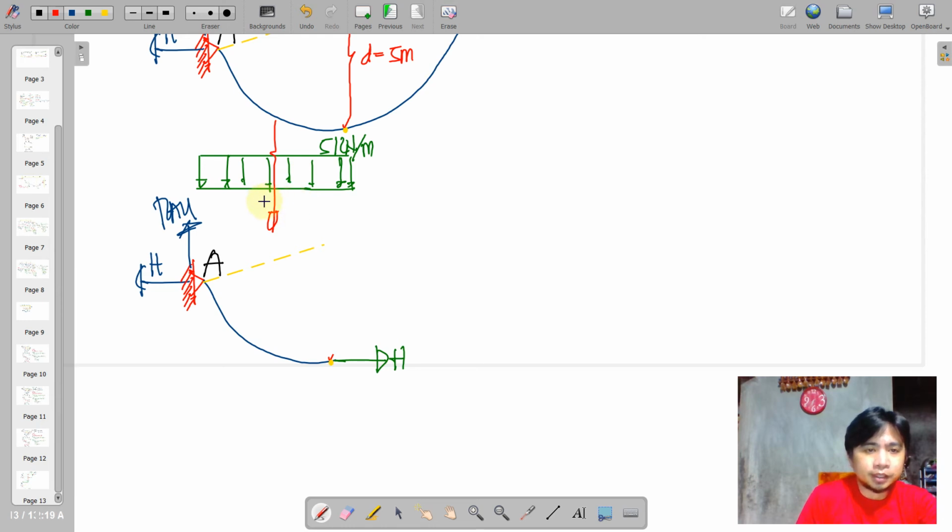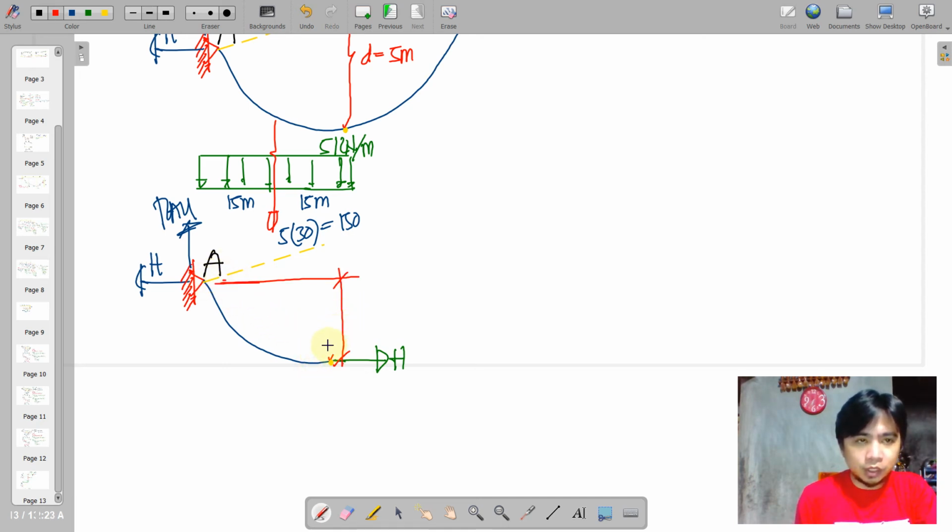So remember that this is half of 60, and we note that these are 15 meters, so the result is 5 by 30. So this is 150. So we note the distance of H from A is supposedly equal to 5 meters, though the projection of 5 should be here.